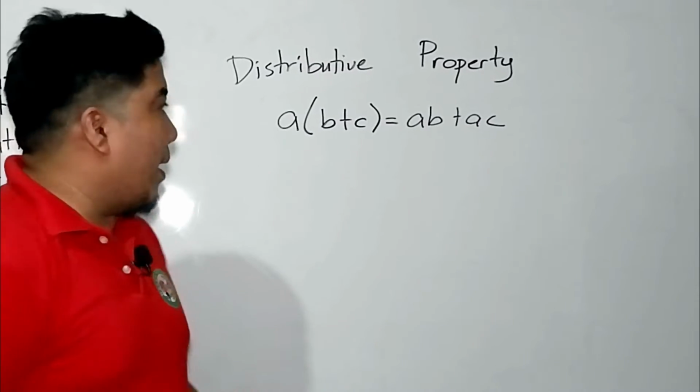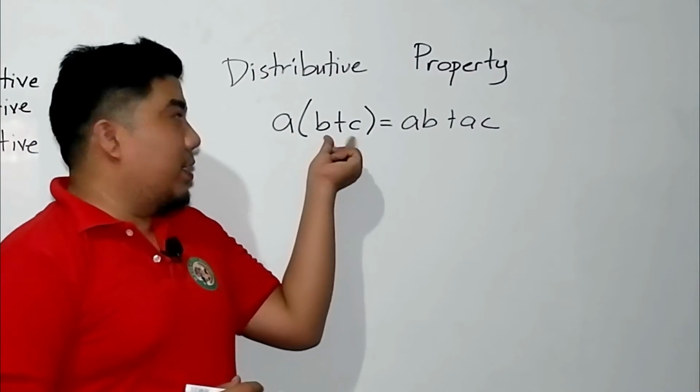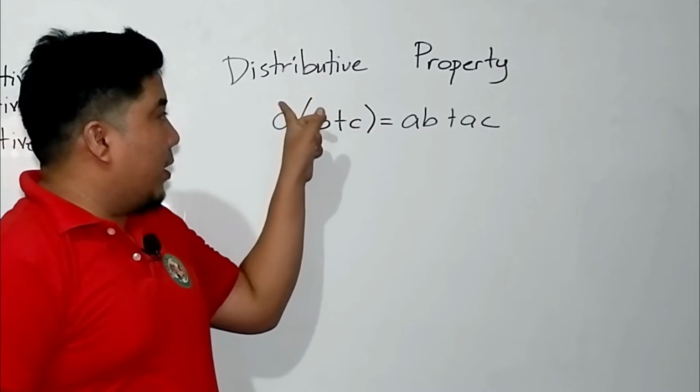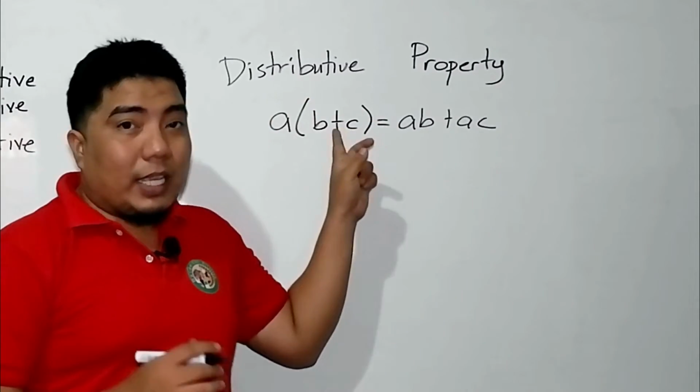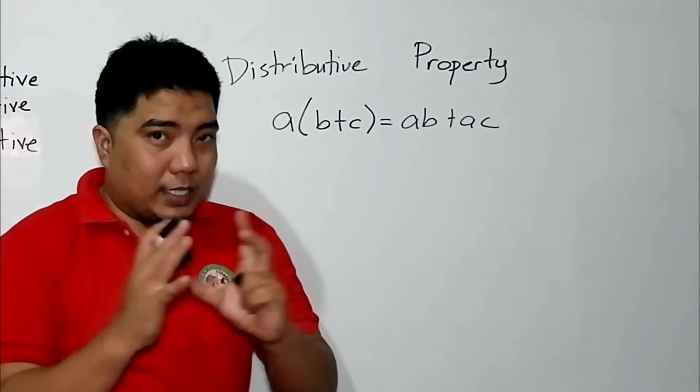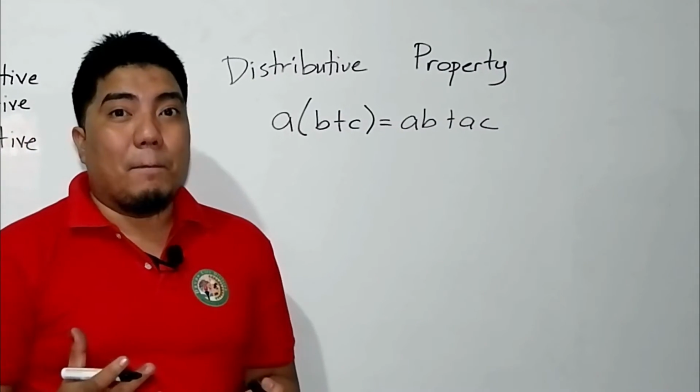Let me clear that up. This is a multiplier. These are two addends. If you distribute this to the inside, you will not solve the inside first, but the answer is still the same.